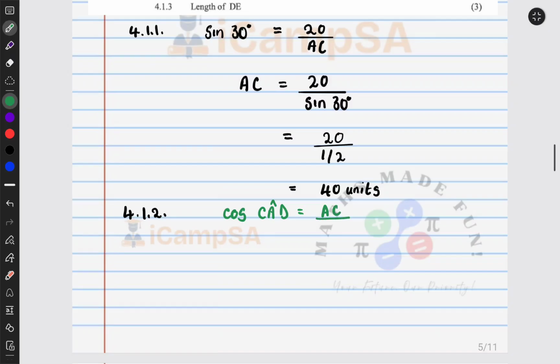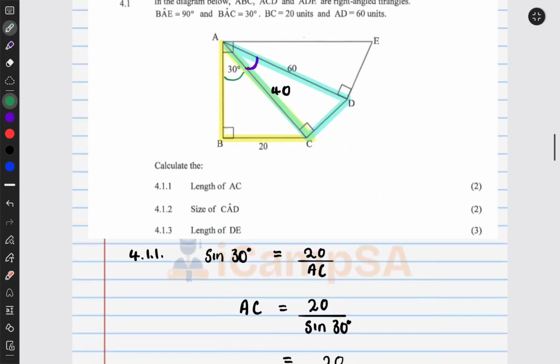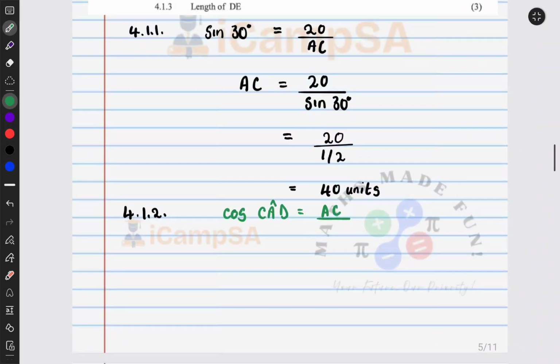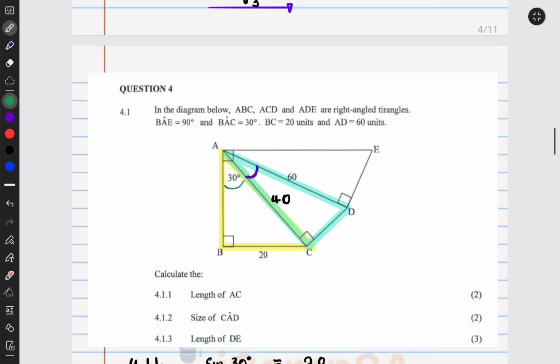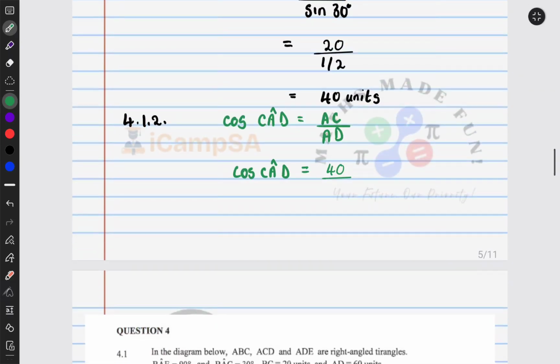It's going to be AC over the hypotenuse side, which is AD. The length of AC is 40 divided by the length of AD, which is 60 units.